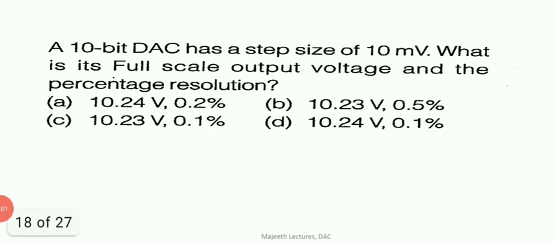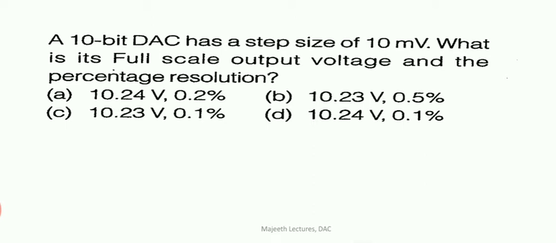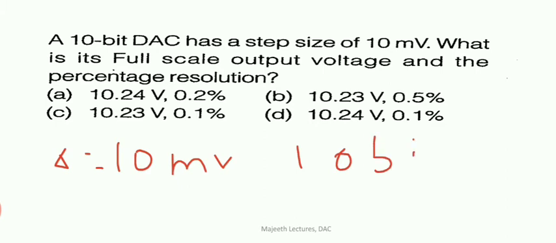Okay. Next question is, a 10-bit DAC has a step size of 10 millivolt. Step size is nothing but your resolution. So step size is 10 millivolt. It is 10 bit. What is the full scale output voltage and percentage resolution?